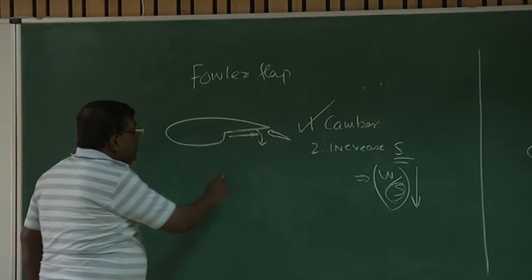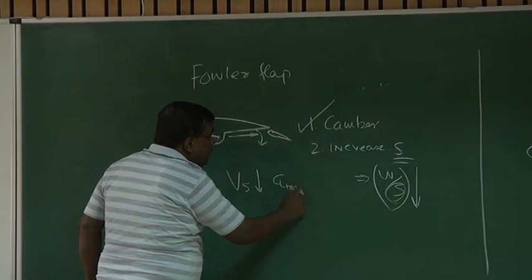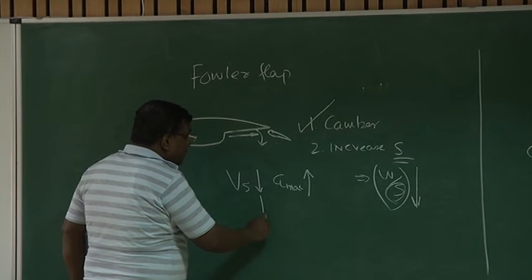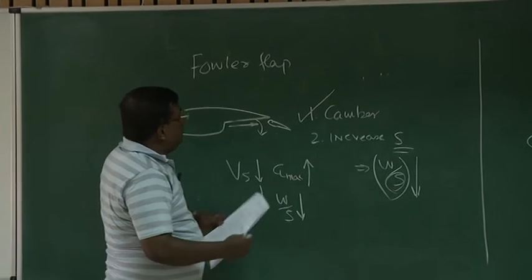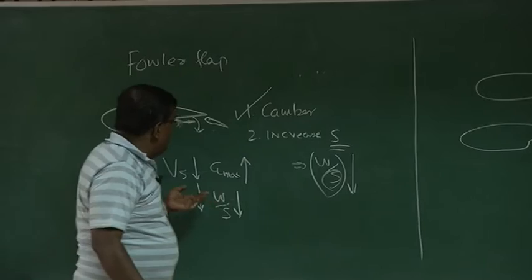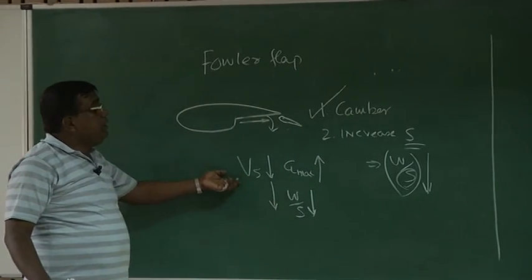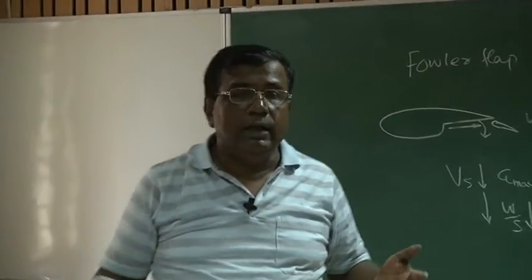And you know that Vstall goes down if CLmax increases. It also goes down if W by S decreases, right? So by increasing the area, W by S has gone down, so it has also helped in decreasing Vstall. What a wonderful design. Simple, elegant, right?